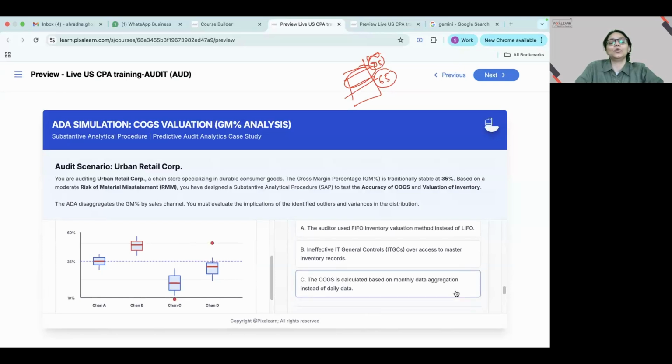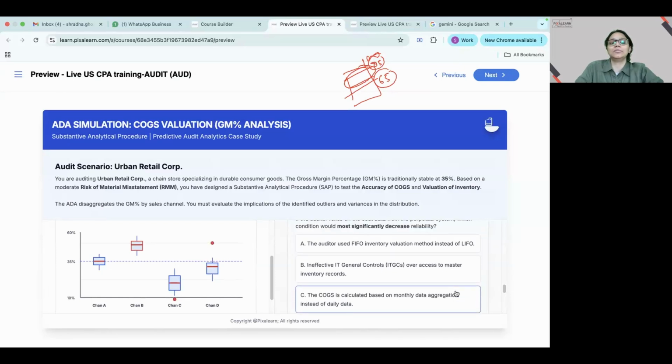Can you tell me which of these three seems to be the correct answer? The COGS is calculated based on monthly data aggregation instead of... this will not, just because it is perpetual and they're doing it on a periodic basis, make it less reliable for me.